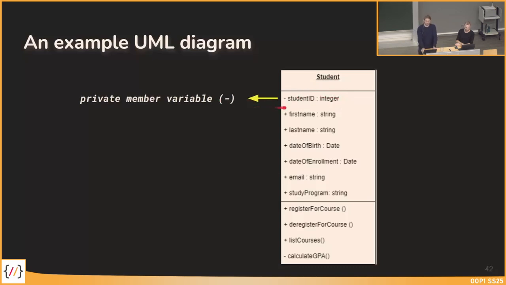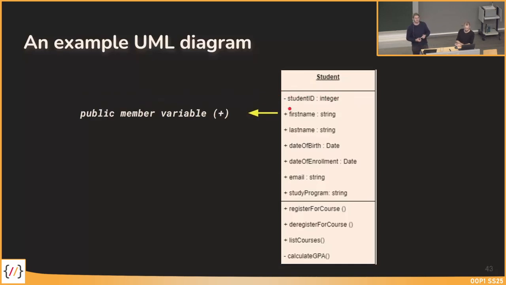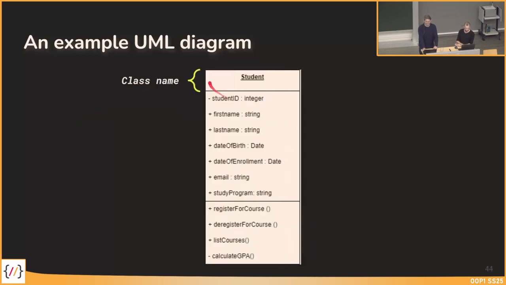In this case, private members are declared with this minus symbol. Public members are declared with this plus symbol. This is not a good example because members should always be private. And we have the class name here. As I said, we have member variables declared here, and we have methods here.